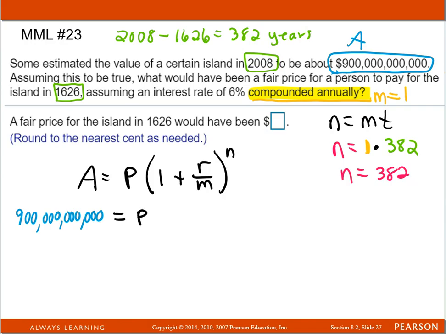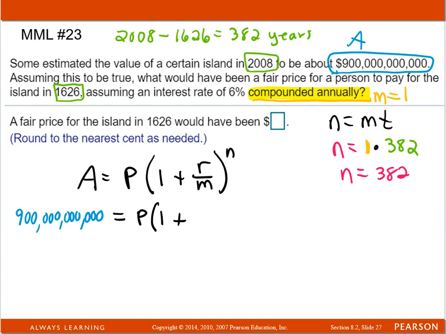We're trying to figure out what it would have been in the year 1626. We're going back in time. So back in 1626, P would have been the present value, and the 900 billion is in the future of 2008. I know, it's so confusing.